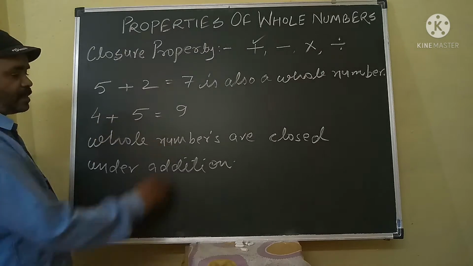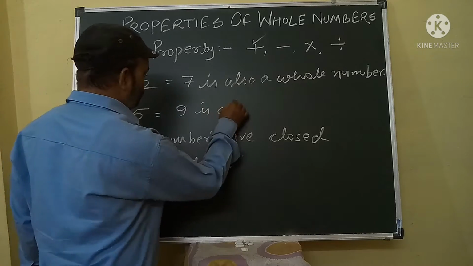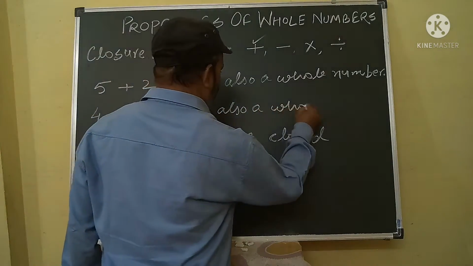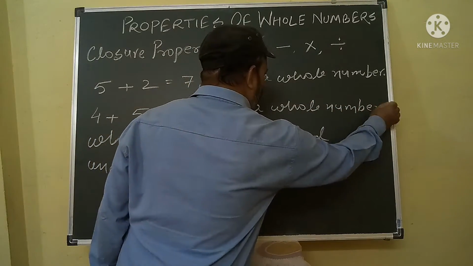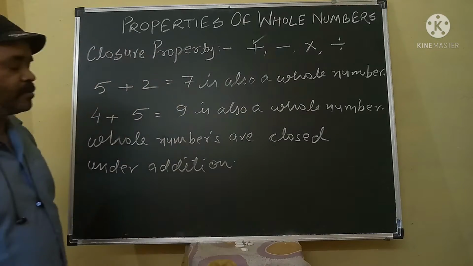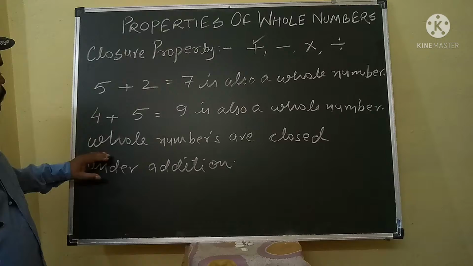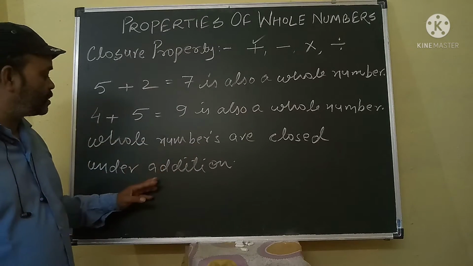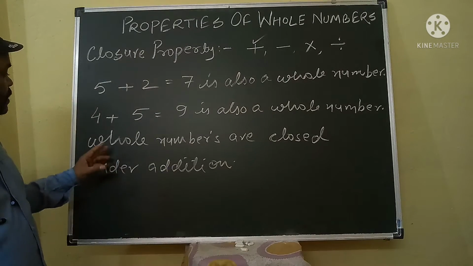Therefore 9 is also a whole number. That means whole numbers are closed under addition. That is the first basic point.